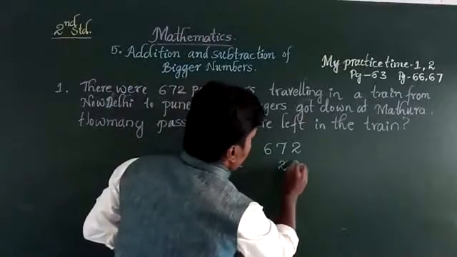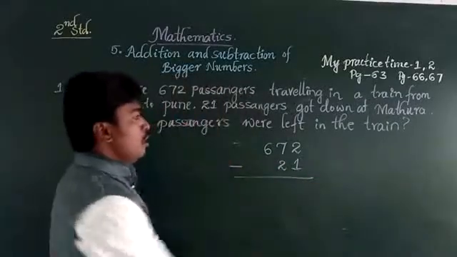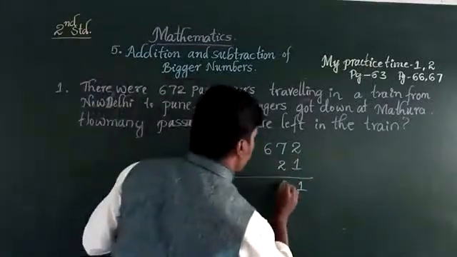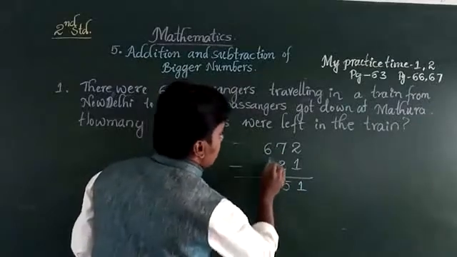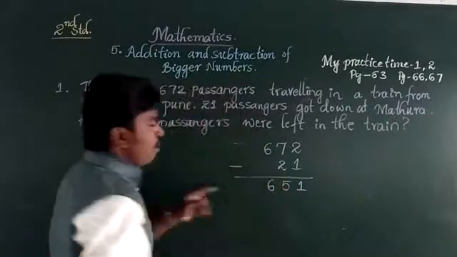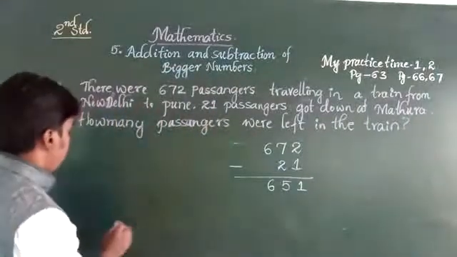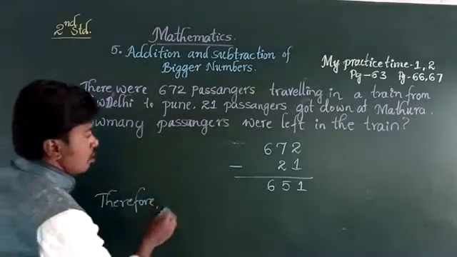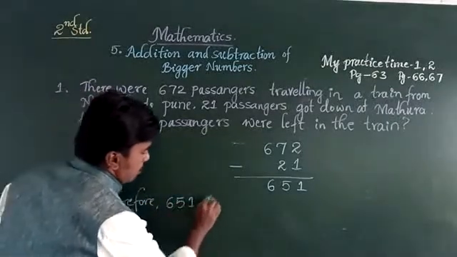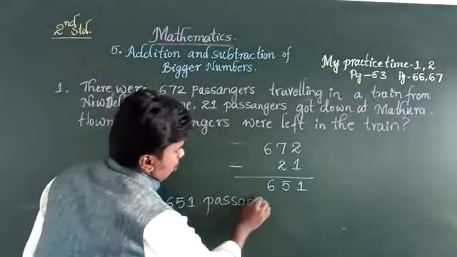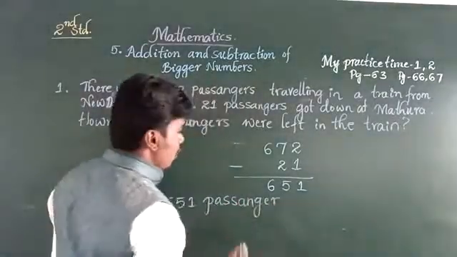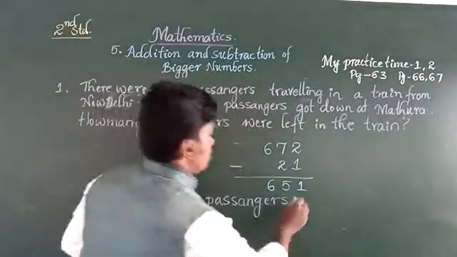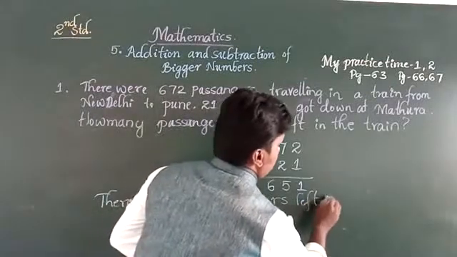It is 21 passengers. You do subtraction. 2 minus 1 becomes 1. 7 minus 2 becomes 5. And 6, you write as it is. 651. Therefore, 651 passengers left in the train.